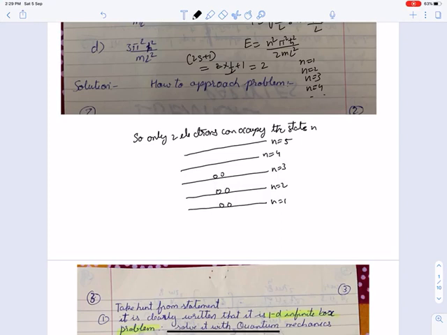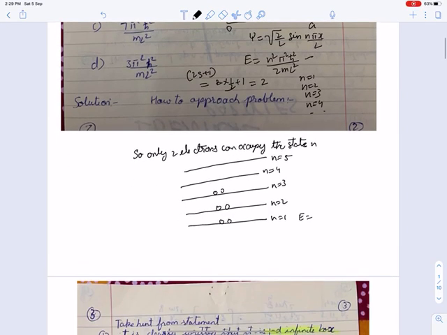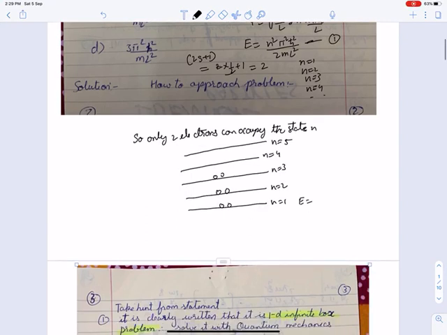I can put at most 2 particles in each. So for the n equal to 1 energy level, I put n equal to 1 in this formula and get pi square h cut square upon 2 m L square.